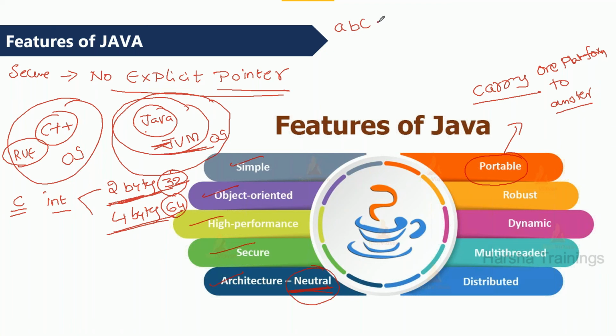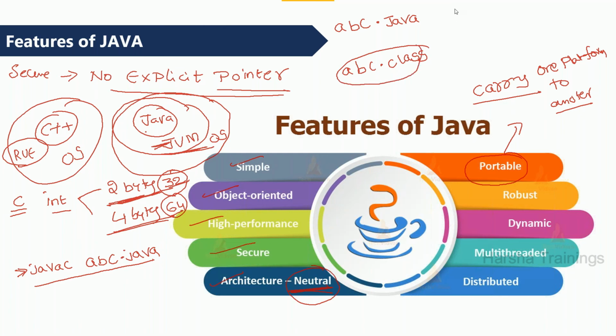First, the Java program is saved as abc.java. Then you use the statement javac abc.java, which is the compilation step. Once this step is completed, the file abc.class is generated in your system. This is called bytecode.